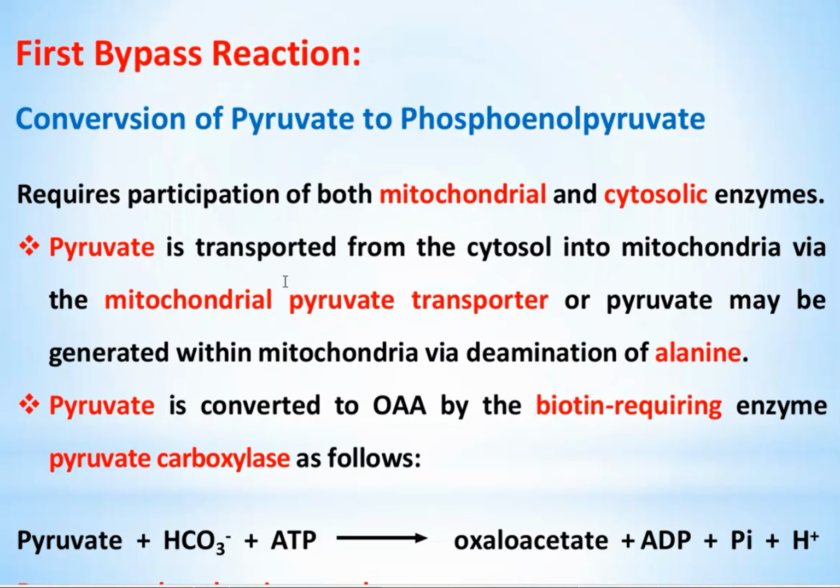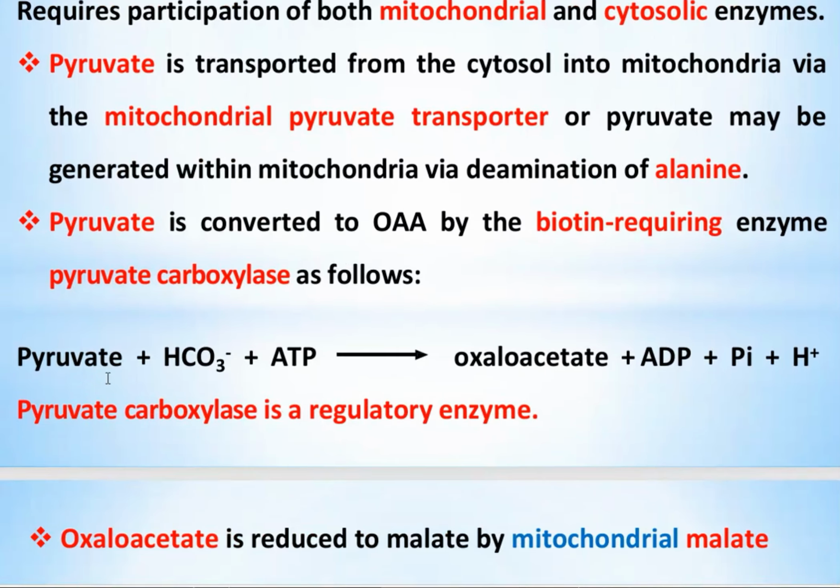Pyruvate is transported from the cytosol into the mitochondria via the mitochondrial pyruvate transporter, or pyruvate may be generated within the mitochondria via the deamination of alanine. Now pyruvate is converted to oxaloacetate by the biotin-requiring enzyme pyruvate carboxylase, as follows: pyruvic acid plus HCO3 minus plus ATP forms oxaloacetate plus ADP plus Pi. And this pyruvate carboxylase is the regulatory enzyme.